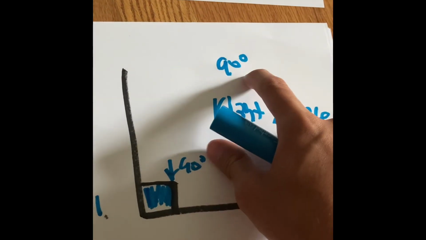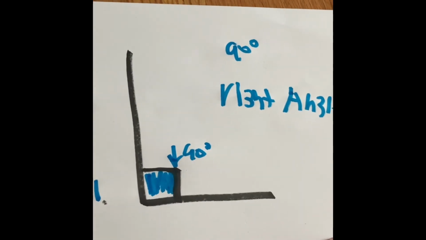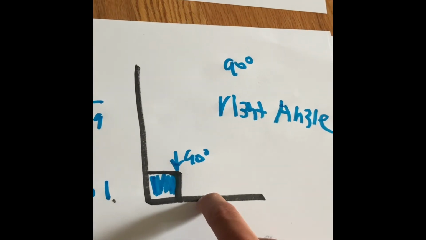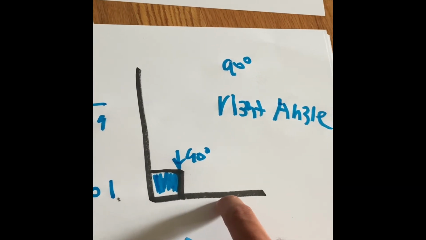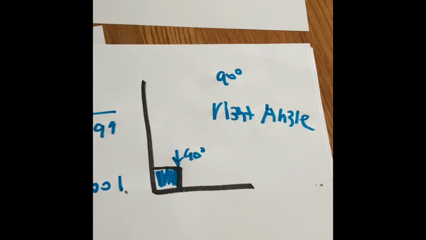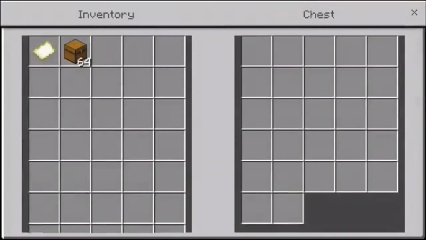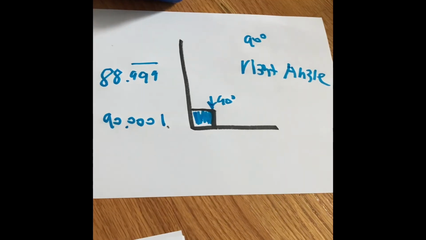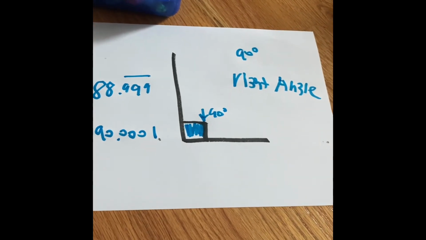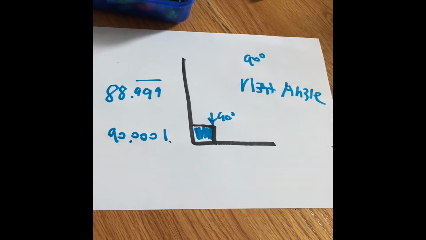If it's 90 degrees and it's a square, you can be assured that this is rightly a right angle. So here is an example of a right angle. A Minecraft chest can be an example of a right angle because it opens and closes like one.